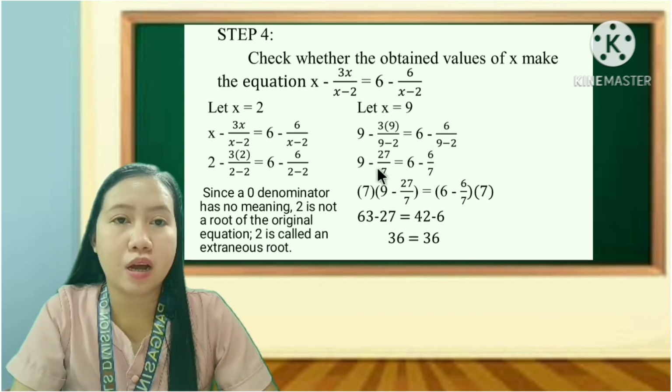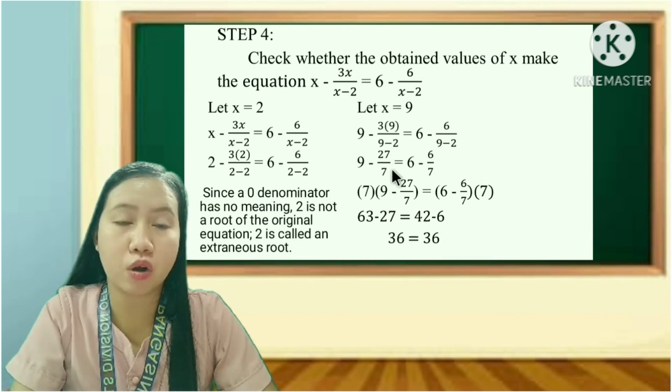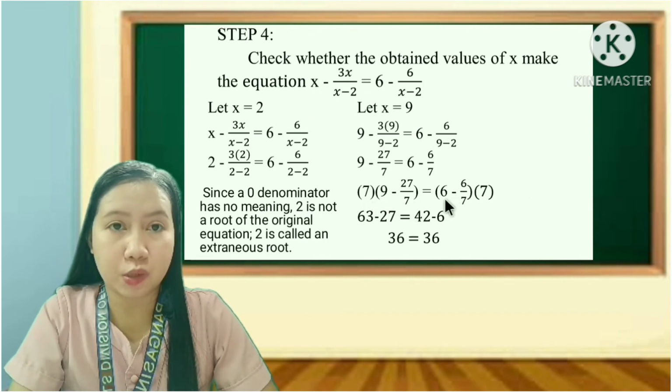Okay. Now, in simplifying this one, we have to get the LCD. So as you can see, we have the same denominator. So let's get 7 as the LCD, or the least common denominator. So again, we're going to put the LCD on the left side and also on the right side. Now, by distributive property, let's simplify this equation. So 7 times 9, that is 63.